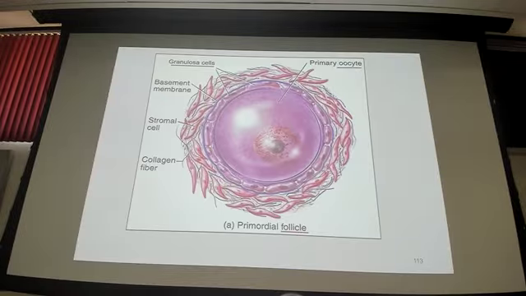So now, here we go. The follicle is the whole thing you're looking at. The oocyte is this thing right here, and the granulosa cells are these guys right here in the middle. The outside cells are called stromal cells. What does stroma mean?